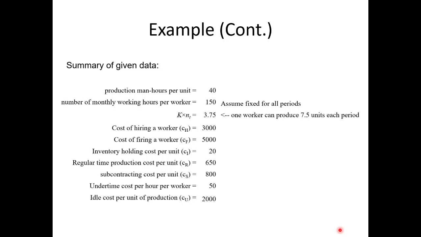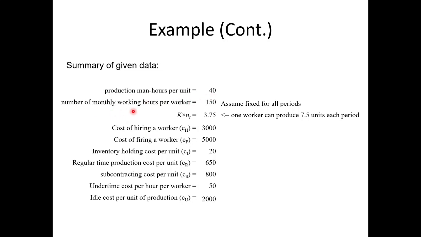Now, as I mentioned, the first step is to compile the data that we are given in the problem statement, and compiling it means finding the values of the parameters with the correct units so that they can be used within our model easily and within our solution approach. So here, let us calculate: production man hours per unit equals 40.